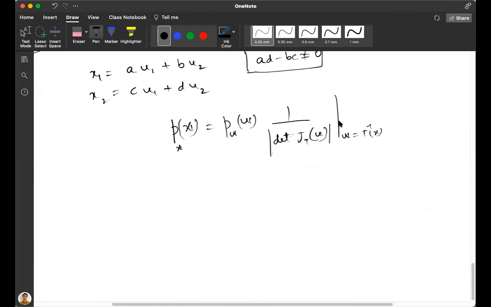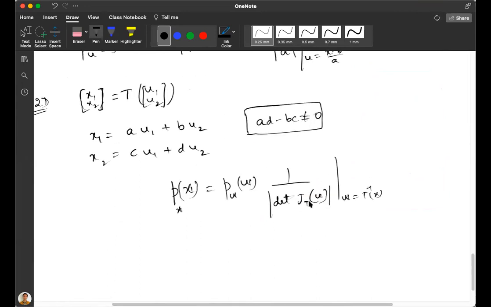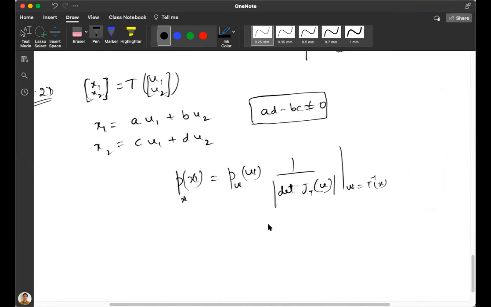Now tell me, what is the determinant of JTU? Okay, let's compute it. So my JTU is equal to dou x1 upon dou u1, dou x1 upon dou u2, dou x2 upon dou u1, and dou x2 upon dou u2.